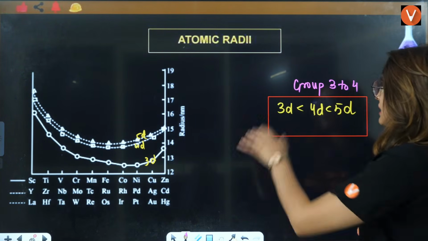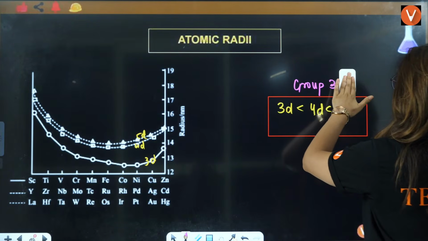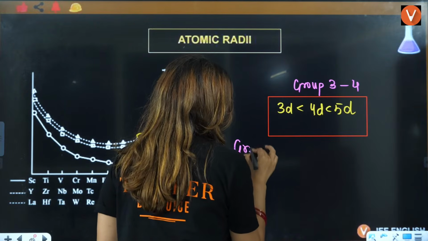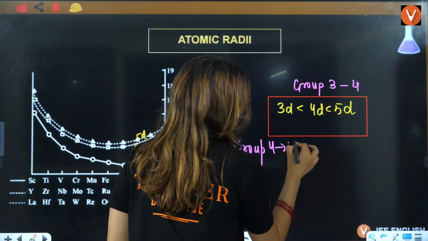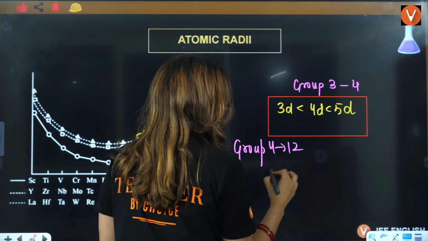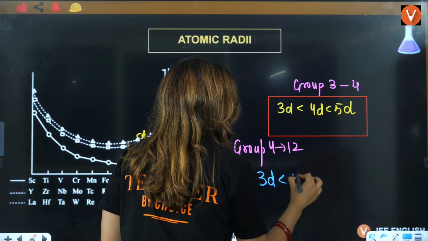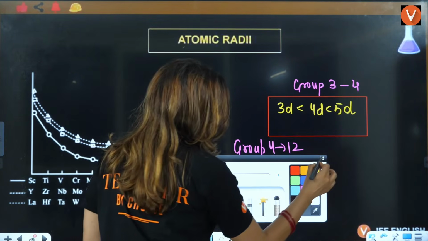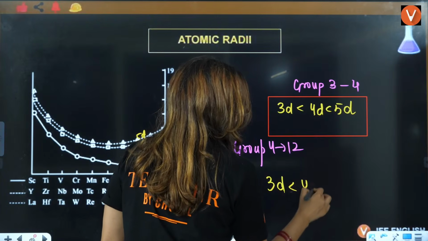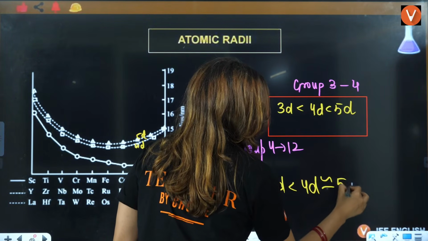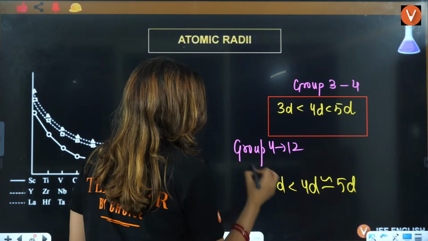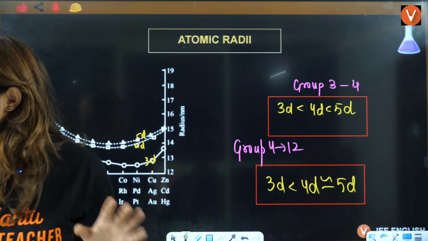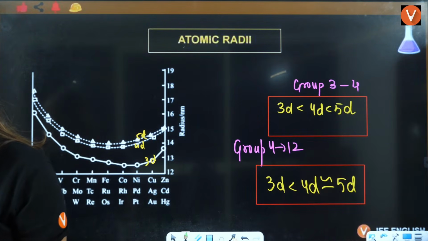Till 3 to 4 you have this thing. Now if you talk about group 4 to 12, which is specially mentioned, you have 3d, then you have 4d, which is approximately similar to 5d. Now, can you tell me the reason behind that? How many of you are able to find the difference here? Why is it so, students? Can you tell me the reason behind that?